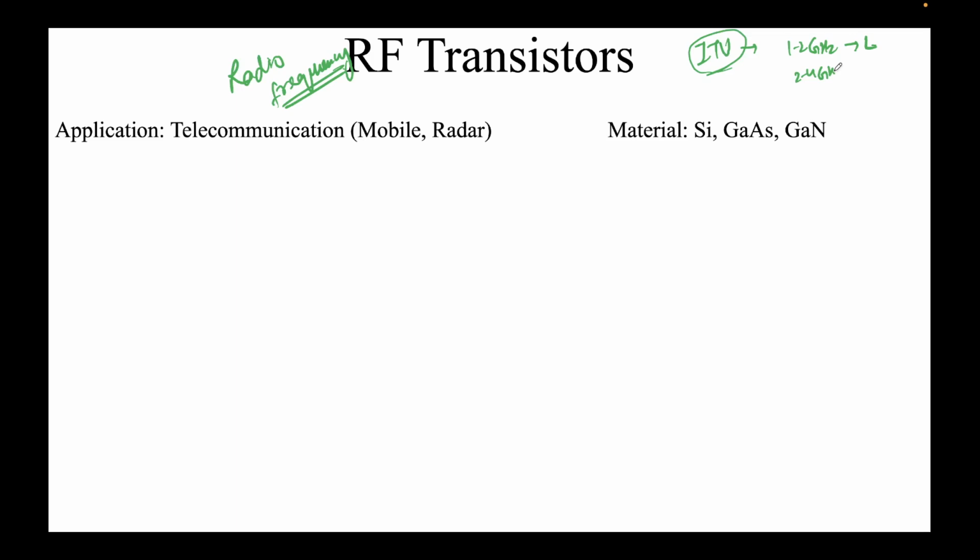I'm forgetting. 8 to 12 is your X, and there are other various bands that we have. The 5G that you see lies somewhere in the C band, around 5 gigahertz or something. There is another around 28 gigahertz also. So there are different bands of signal. These are the frequencies I'm talking about.